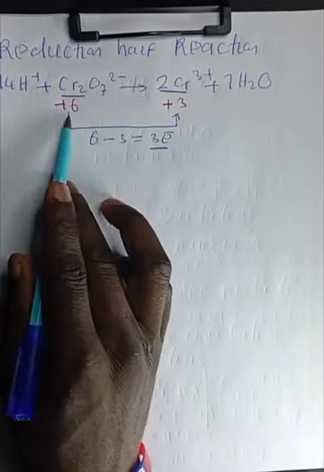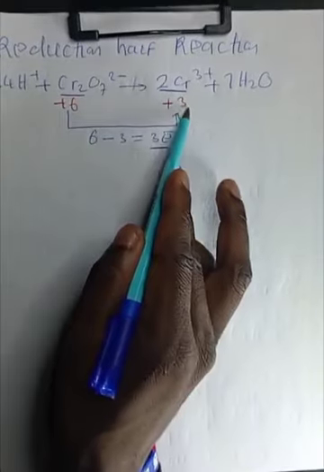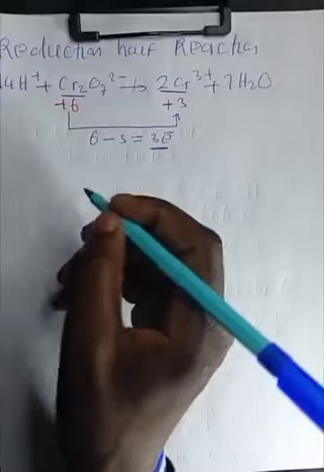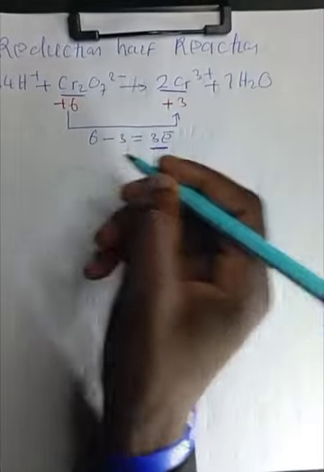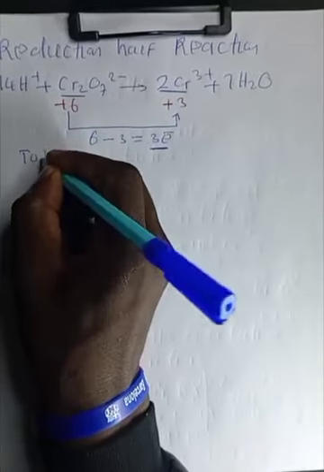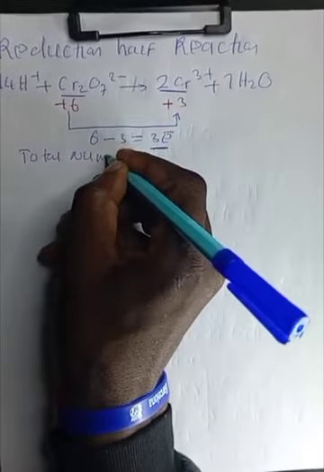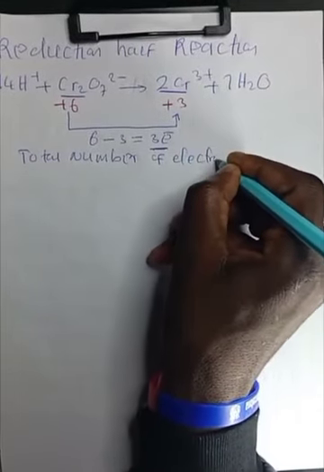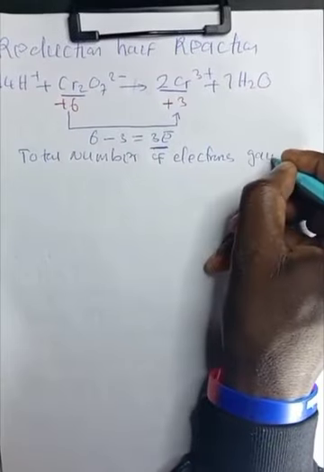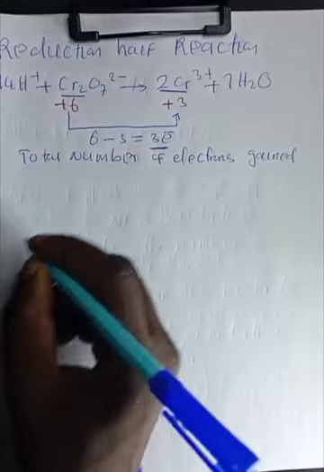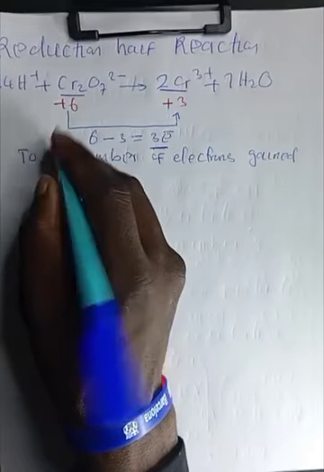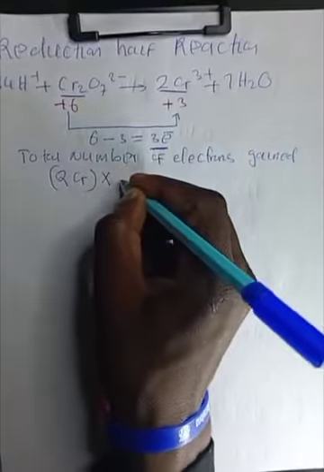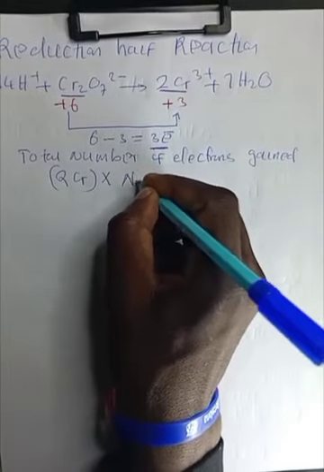Okay, so here is why it gets interesting. We have 2 chromium, 2 chromium. So the 3 electrons are the ones lost by 1 chromium. So we're going to say the total number of electrons gained is calculated as follows: the number of chromium that we have, 2, times the number of electrons.